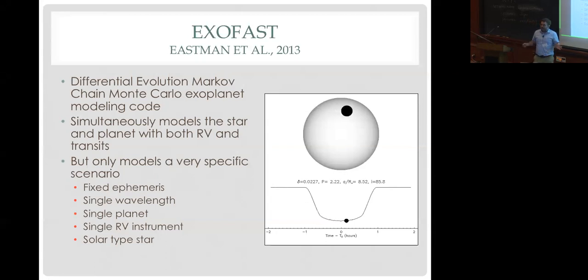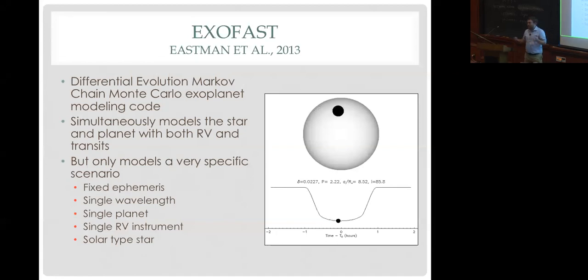Unfortunately, the original version really only modeled a very specific scenario. It only did a fixed ephemeris, so you couldn't include transit timing variations. It only did a single wavelength, so if you had multiple observations from multiple telescopes and multiple bands, you just had to fit them piecewise or assume that they all have the same wavelength or the same limb darkening.